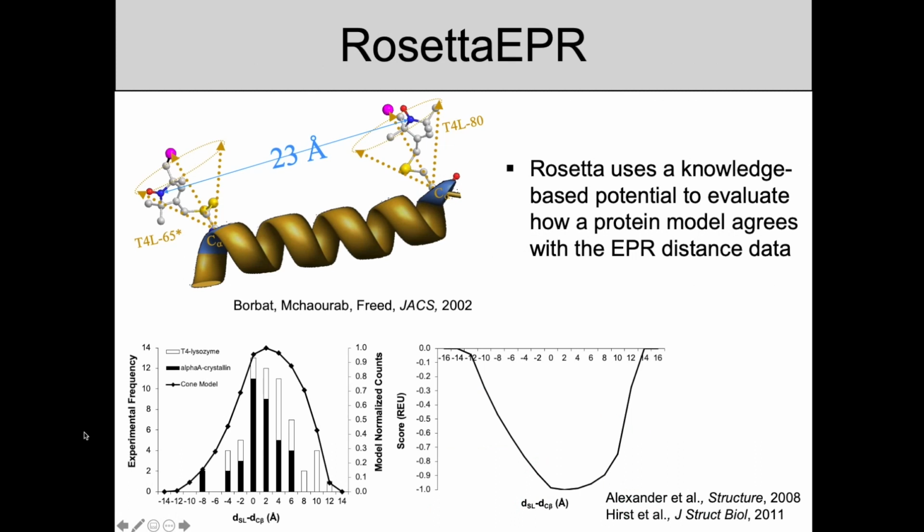Just to provide a little bit more information about what these restraints are, the Rosetta EPR module, which was developed in Jens's lab, basically converts distance data obtained between paramagnetic spin labels, which are shown up here in the top left, into restraints between backbone atoms. Now, in general, the tendency for these spin labels is to be slightly farther apart than the backbone atoms that they're linked to.